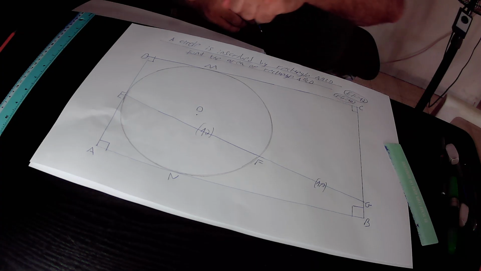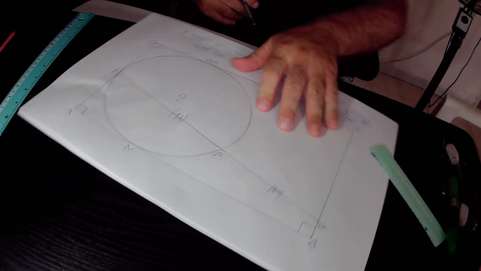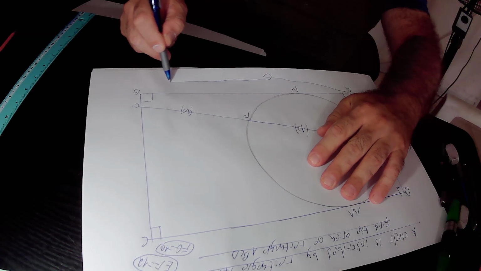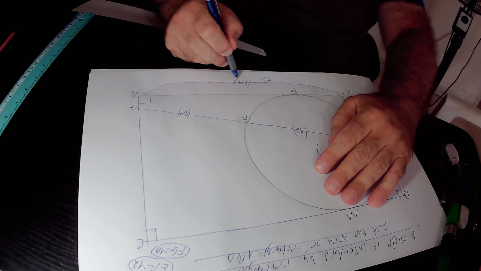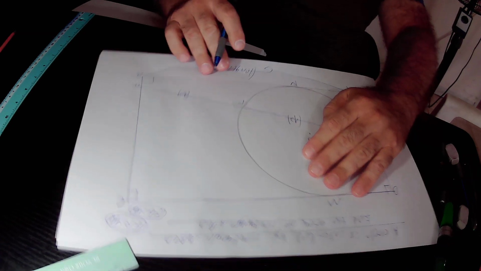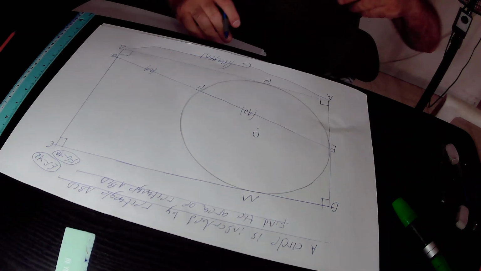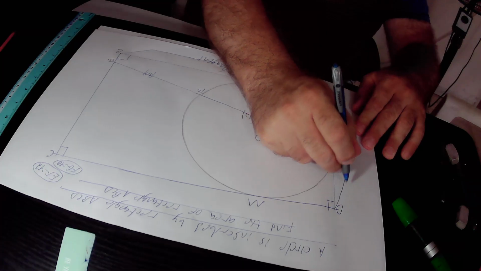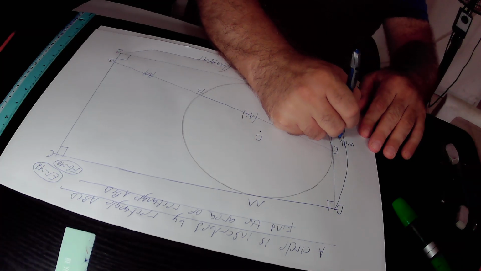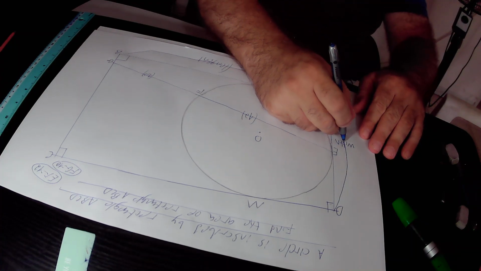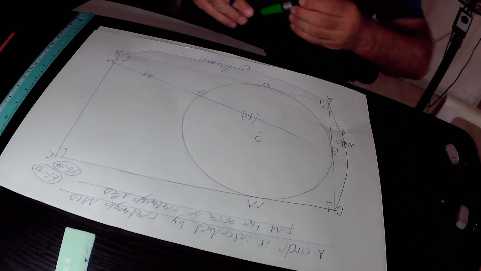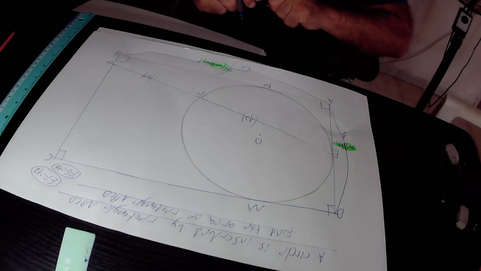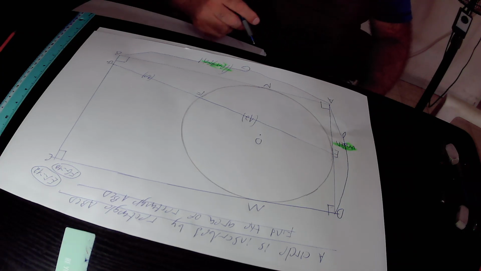We define the length of this rectangle ABCD as AB, and we define the width of this rectangle ABCD as AD. We define the radius of this circle as R.